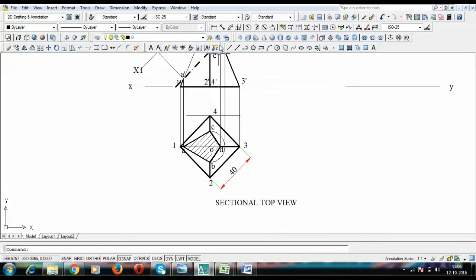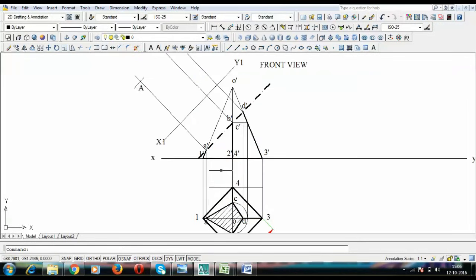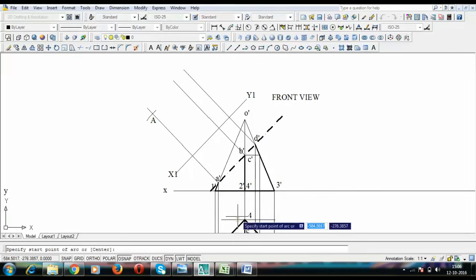Now let's locate point C. For point C, let's see how much this arc length is. This is working out as 40. All right, again the same stuff, an arc of 40.